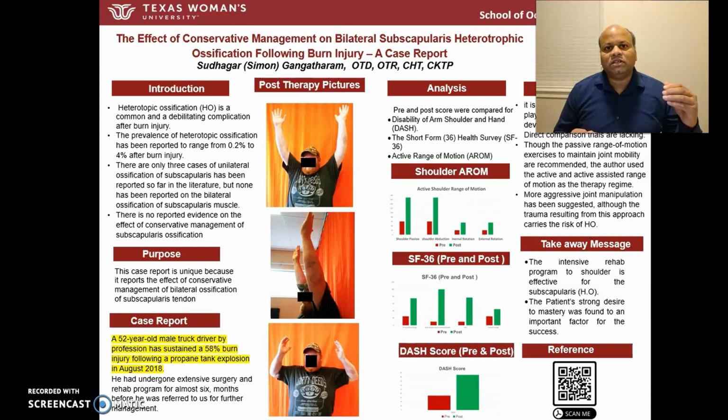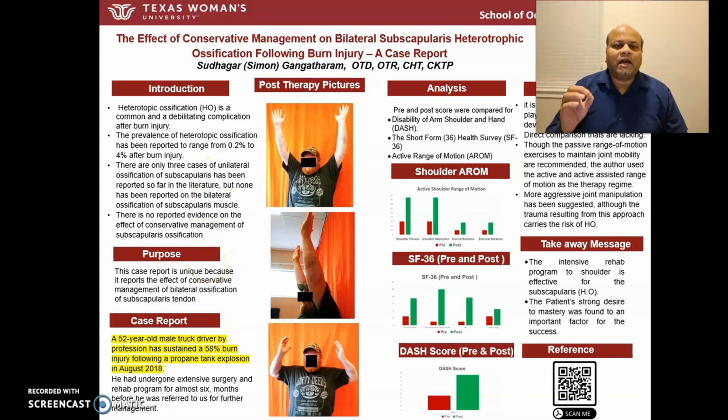He sustained 58% burns while he was camping, when a propane tank blew up, creating third-degree burns. But at the time this gentleman came into our clinic, his shoulder active flexion was 60 degrees and shoulder active abduction was 60 degrees, and both internal and external rotation were 20 degrees.